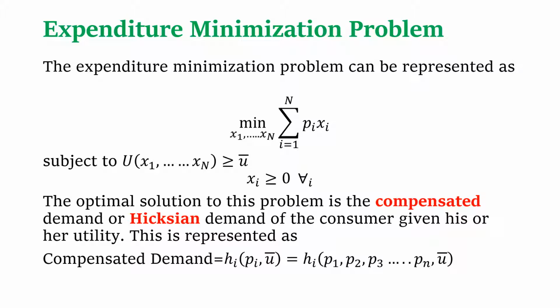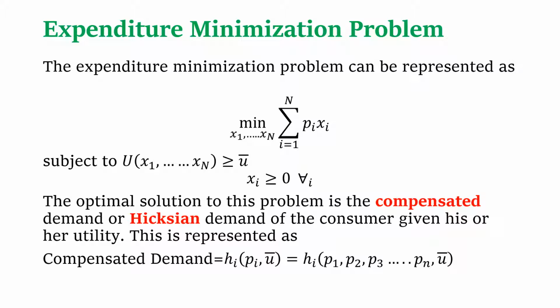In other words, where the budget line touches the indifference curve at a particular point. At that point, the marginal utility per dollar spent on each good is equal.